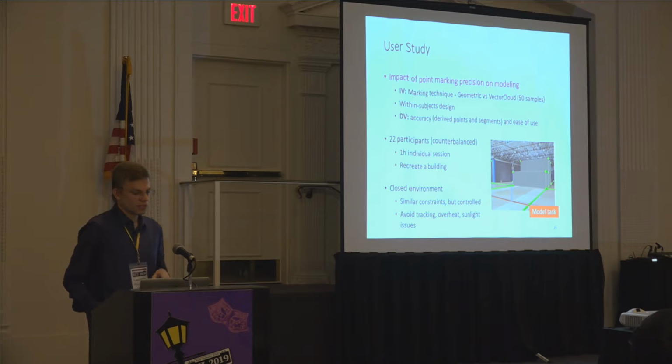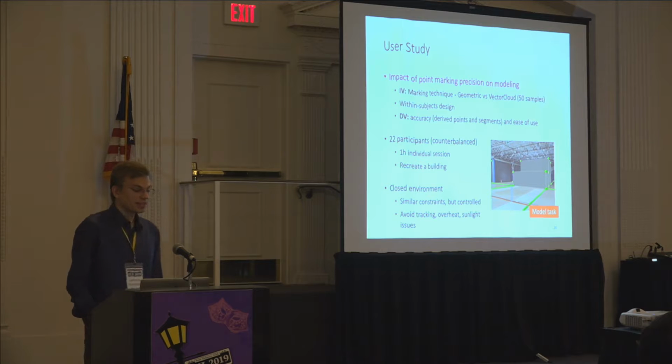And this was evaluated within subjects. So our dependent variables were the accuracy. So we measure positional and angular errors of points and segments, and also the ease of use of the system. We had 22 participants, which were counterbalanced to minimize any learning factor. They performed one individual hour session.